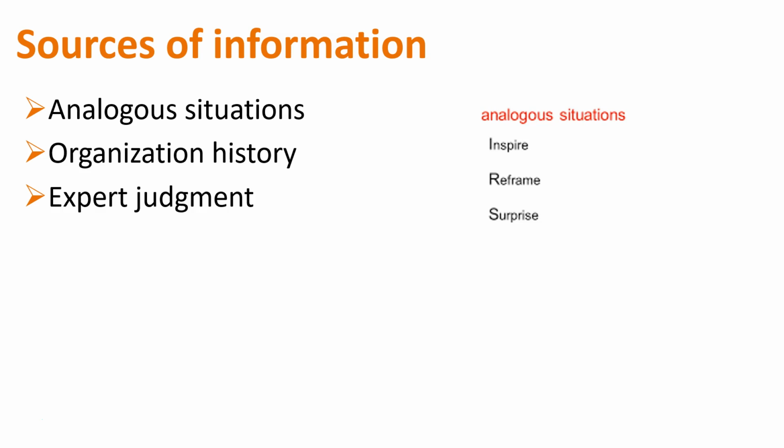So when you're talking about analogous situations, that means you can find examples that are like it. Organization history is you can find those things specific in this organization. We've done it before with our same people. The organization history is specific to the team you have and the techniques that you use.